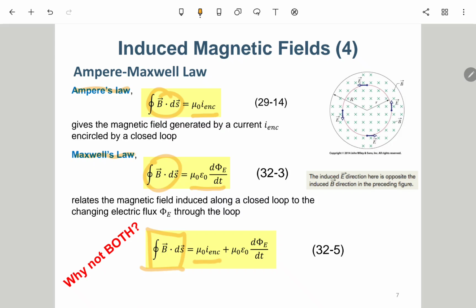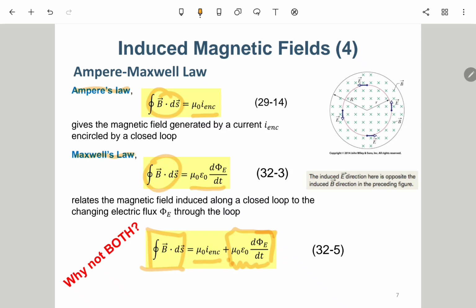The first one is a static current. If you have a static current, it will generate a B field. This is what we learned in chapter 29, using Ampere's law. But if we don't have a static current, and rather we have a current going into a capacitor, then we will have this other term, and this source will also generate a B field.